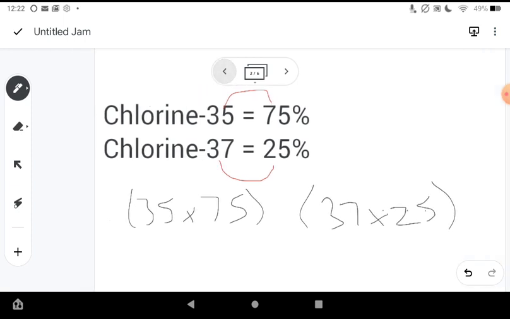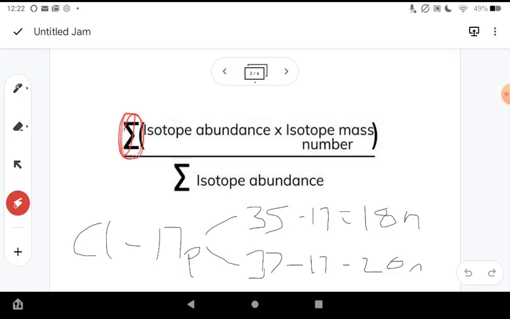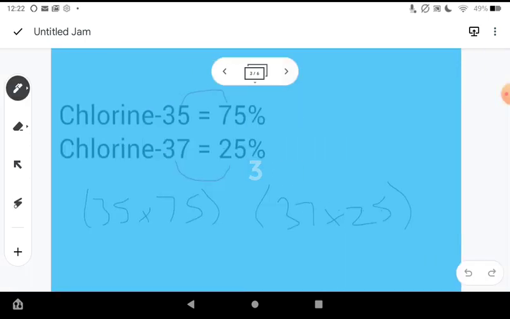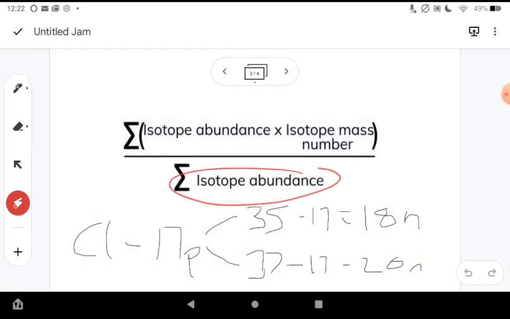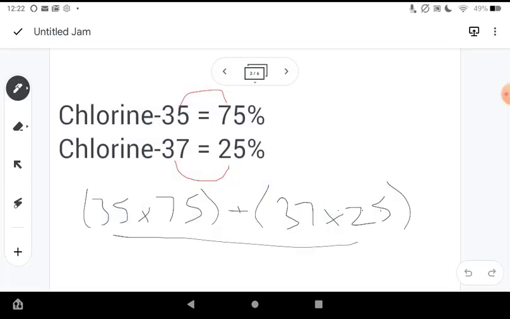Now, this little sign here means sum of, so that means add them together. So that's what I'm going to do here. I'm going to add those two together, and then divide it by the sum of the total abundances. The total abundances here are 75 and 25, so that's 75 plus 25. If I put that into a calculator, I'm going to get a whole range of different answers depending on what calculator I've got.